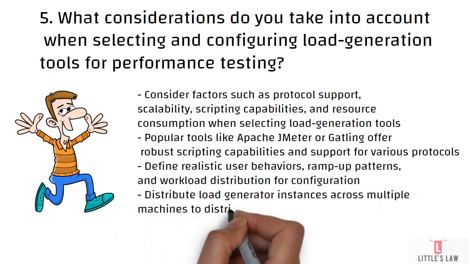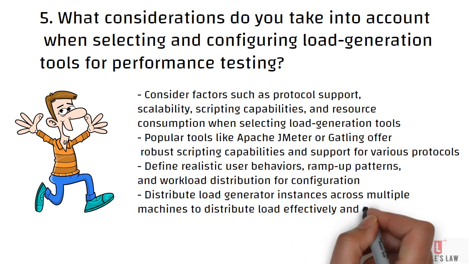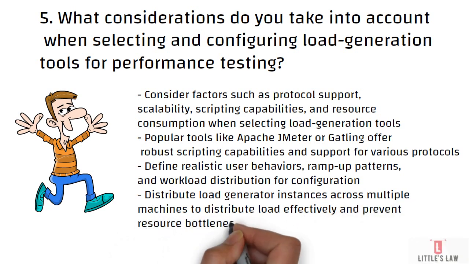Same is the case with LoadRunner. LoadRunner supports every protocol in the world, you would say, but still, even LoadRunner has a few limitations. So you have to list down the protocol support, the scalability, the scripting capabilities, and the resource consumption. On top of it, the budget.